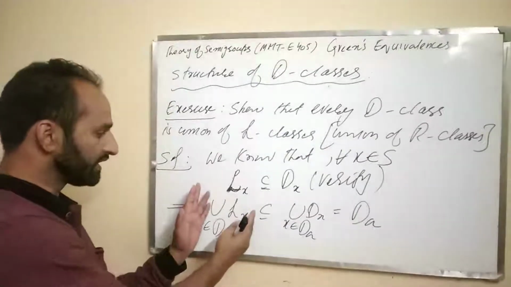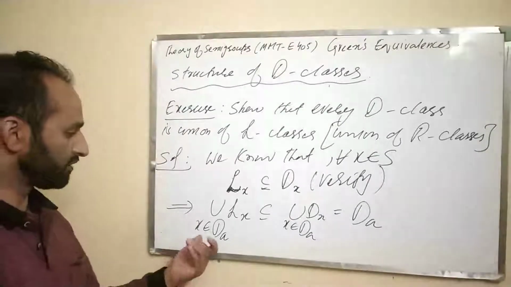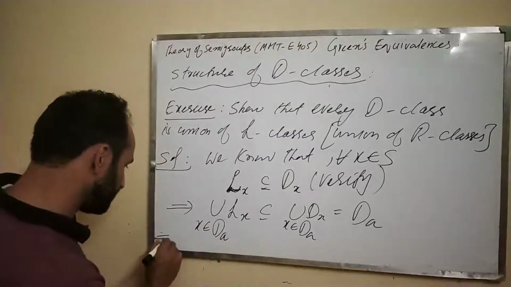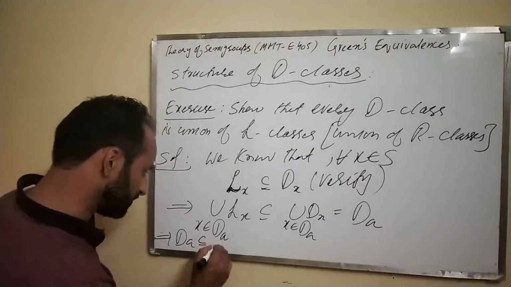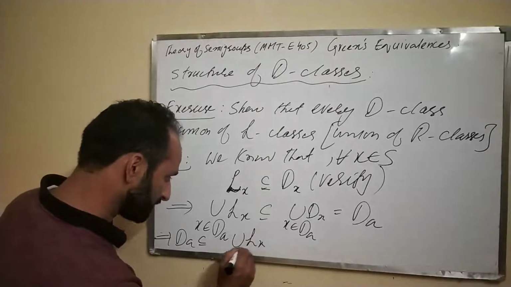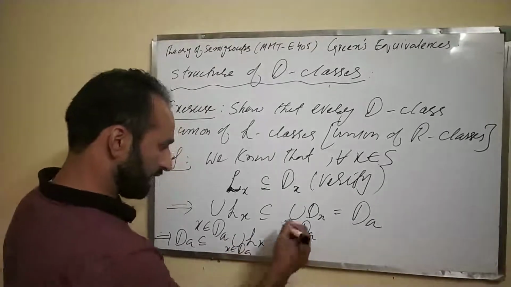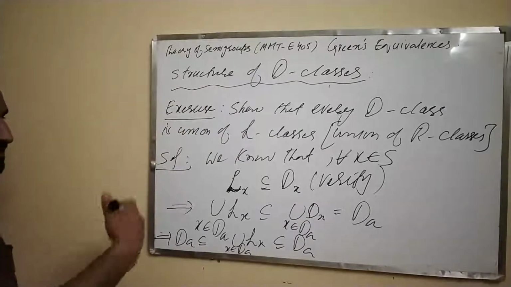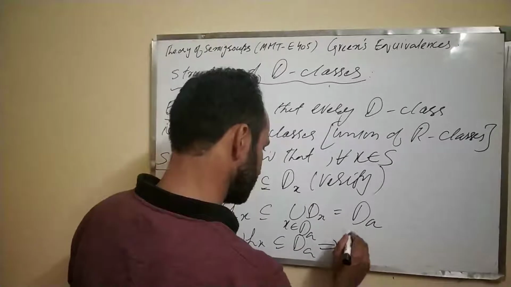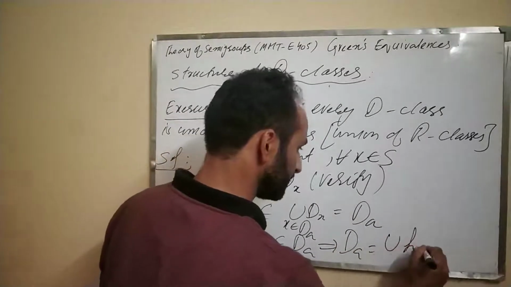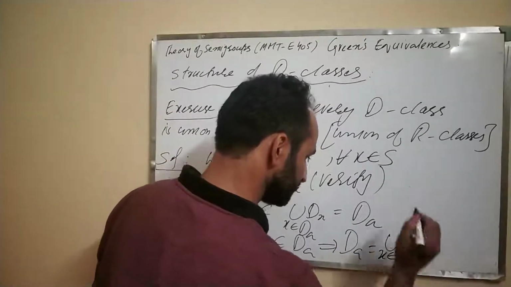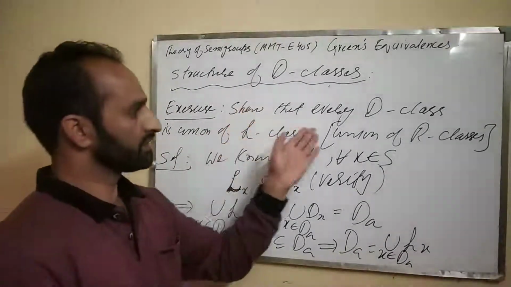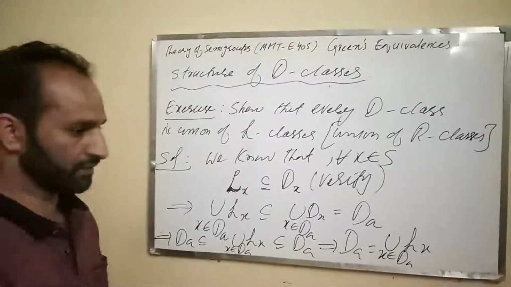So the union contains at least those three elements which belong to D. So D_a is a subset of the union of L classes where x belongs to D_a, and this is a subset of D_a. It's true for each a in S, which implies D_a is a union of L classes. So a D class is a union of L classes. Similarly, you can prove that a D class is a union of R classes. It's very simple.